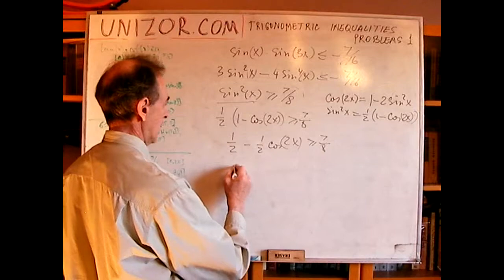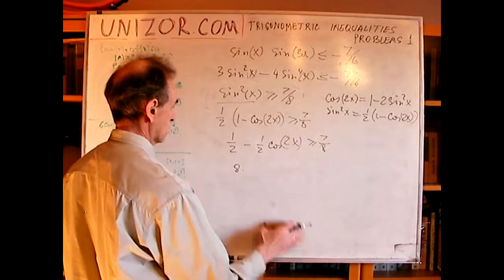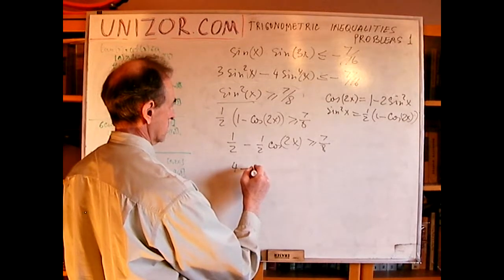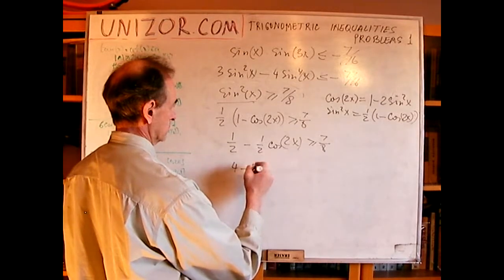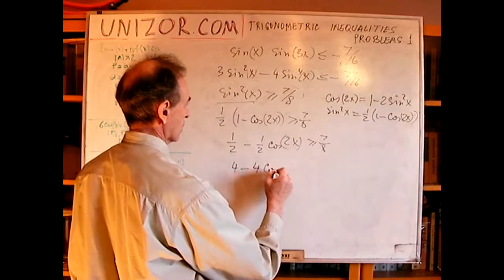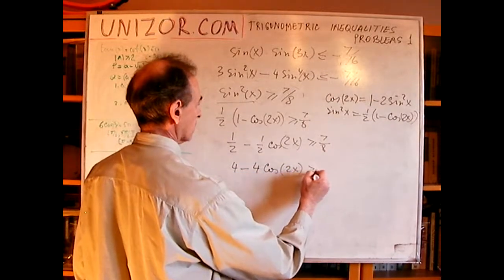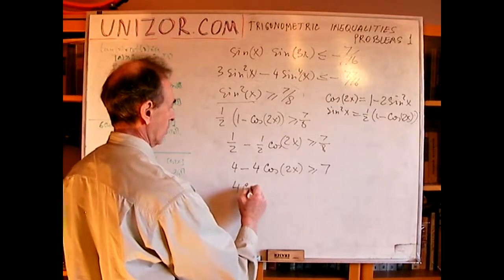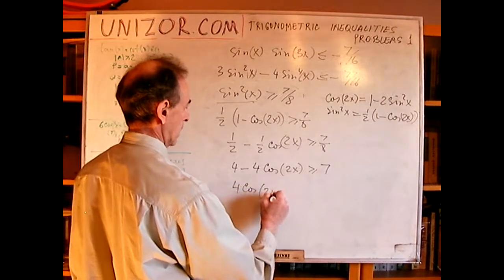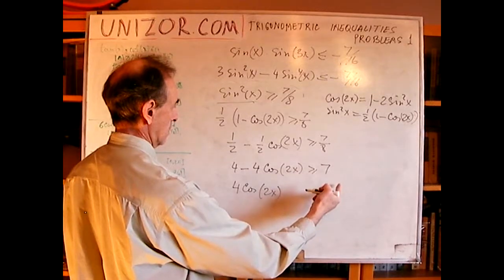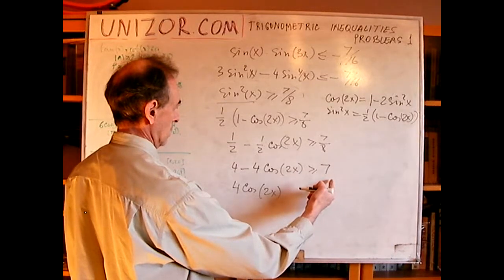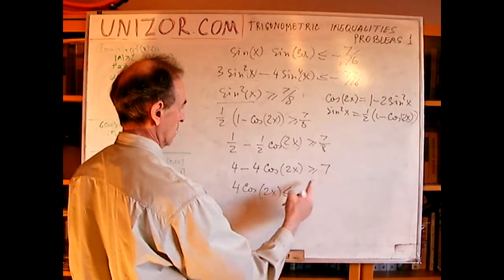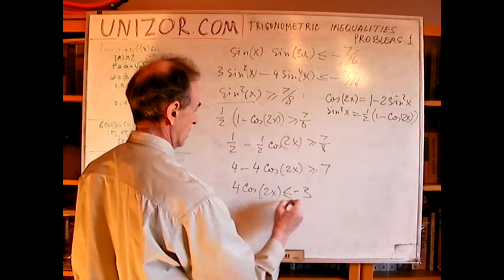So it's 8, no, that's 4. 4 minus 4 cosine of 2x greater than or equal to 7. 4 cosine of 2x is less than or equal to minus 3.